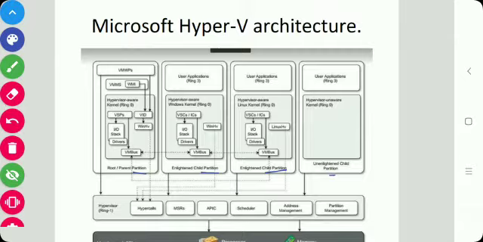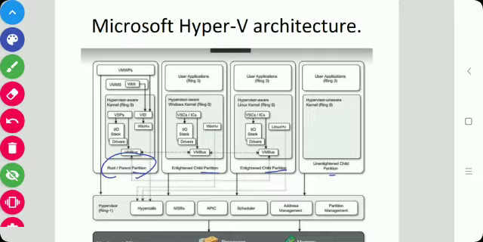Hyper-V takes control of hardware and the host operating system with a special privilege that is called the parent partition. This parent partition is also called the root partition, and it is the only one that has direct access to the hardware of the host.